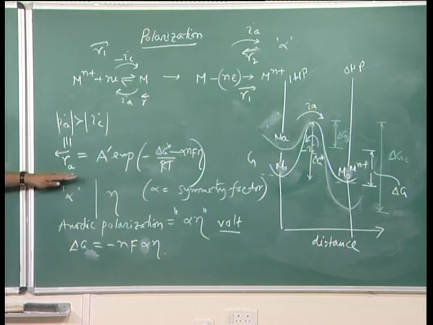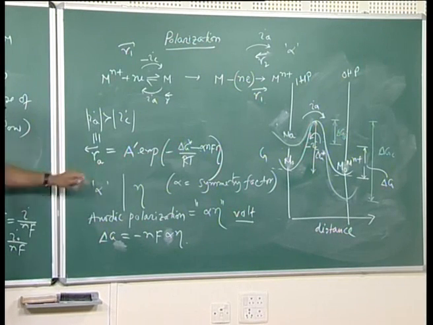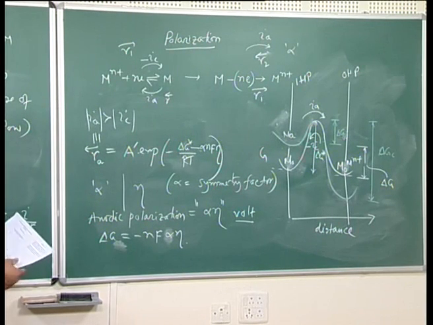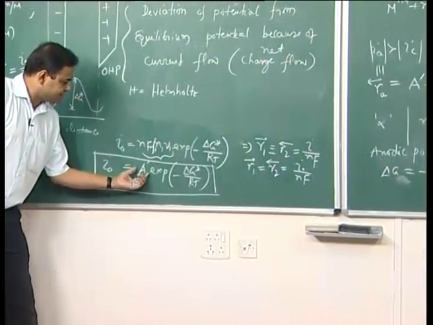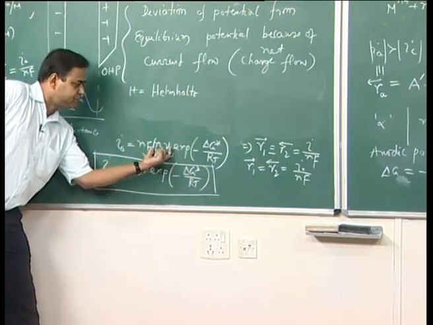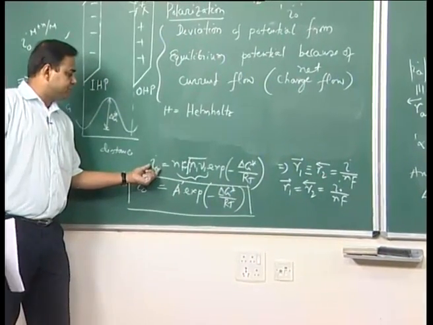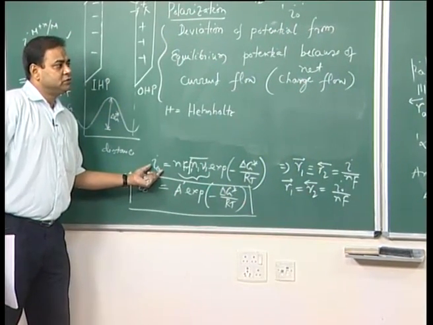So, I am coming to the value of RA. There is a small mistake here: this nF part is included in this part, so then you can term it as I0.